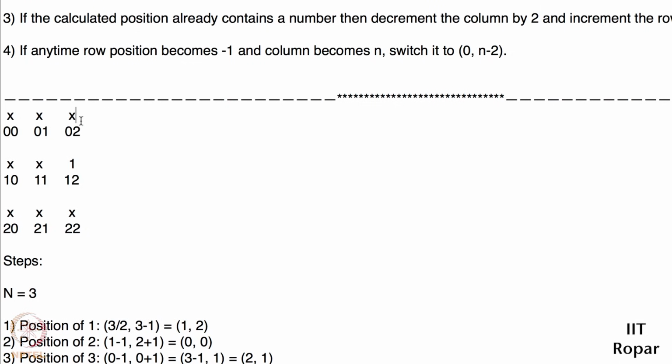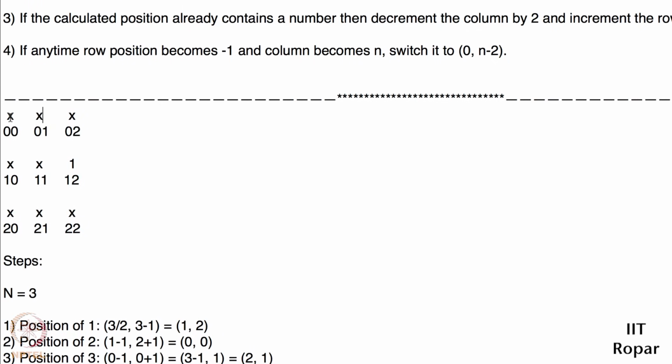Here x represents the elements which I will write as I follow the algorithm, and these are the locations of these elements. For example, the matrix starts with 0, 0, which is the location of this element, because this is the first row, which is the 0th row.